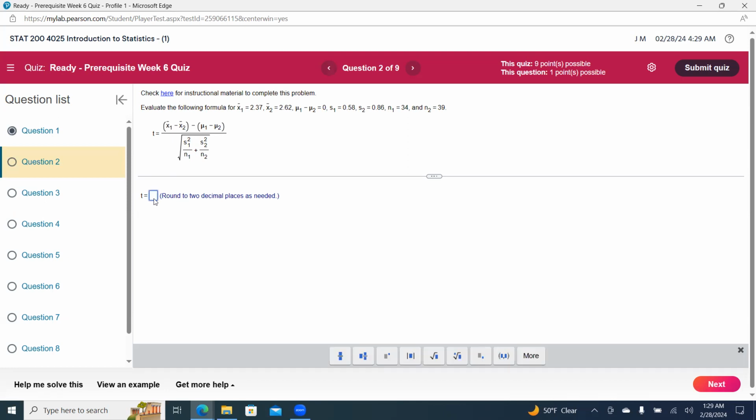So I plug all of that in there, I'm getting negative 1.47.